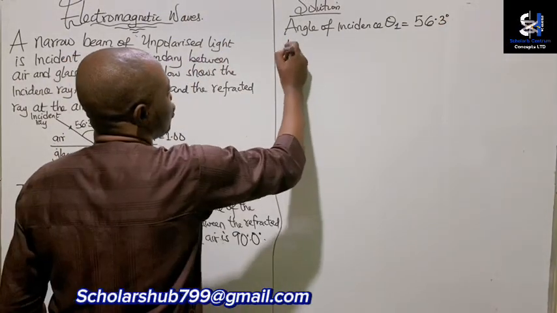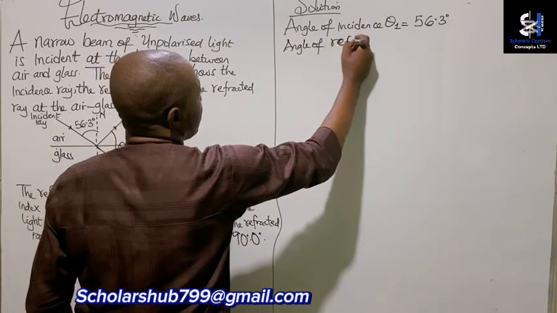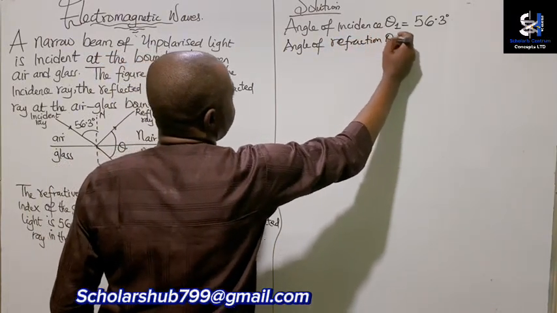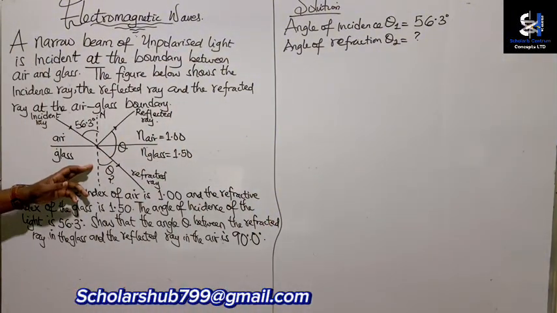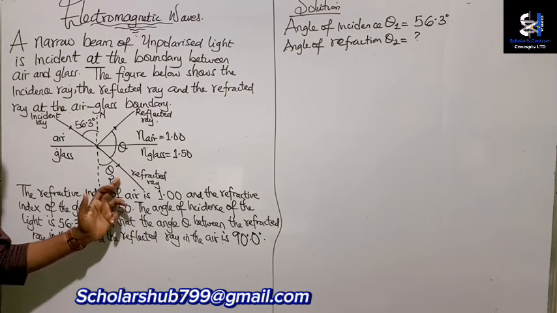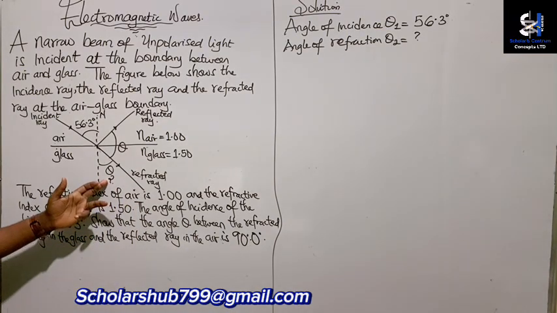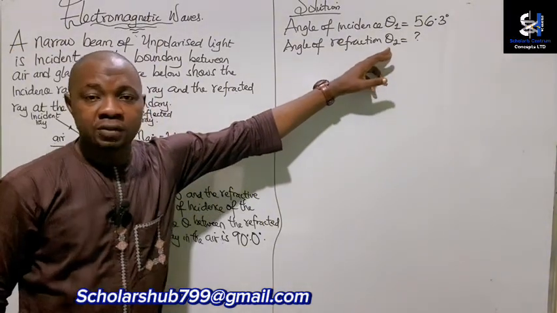We are not given the angle of refraction, so we need to find theta 2. The angle of refraction is the angle which the refracted or transmitted ray makes with the normal, and that's what we have here as theta 2. So we need to find the value of theta 2.